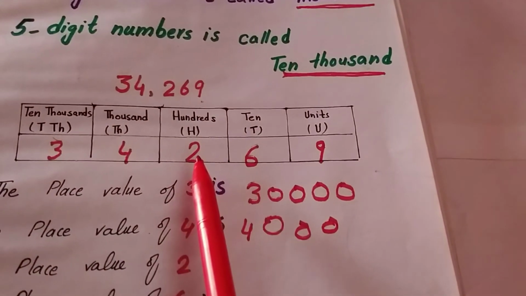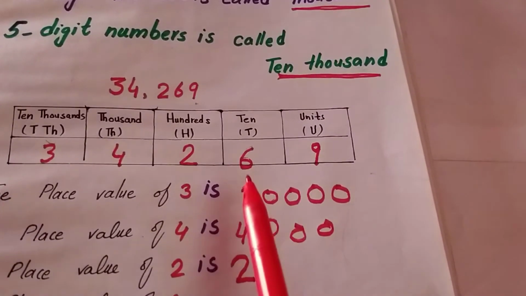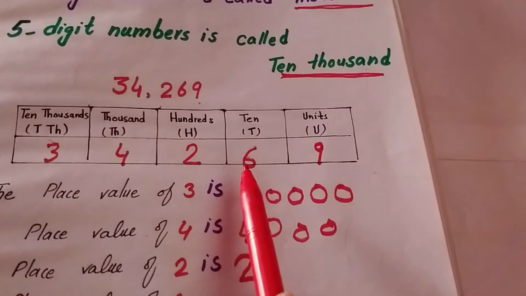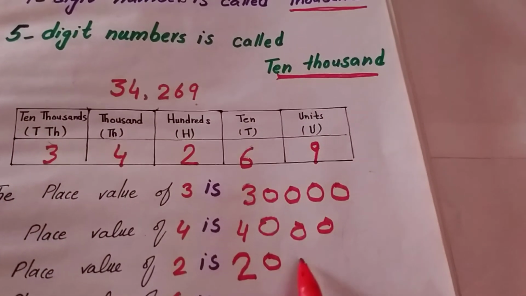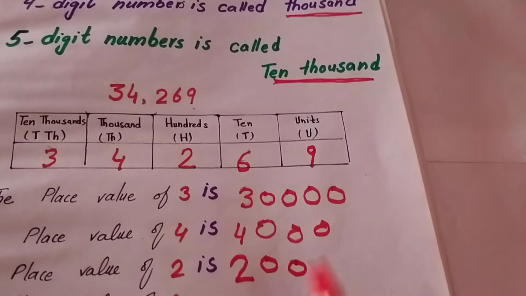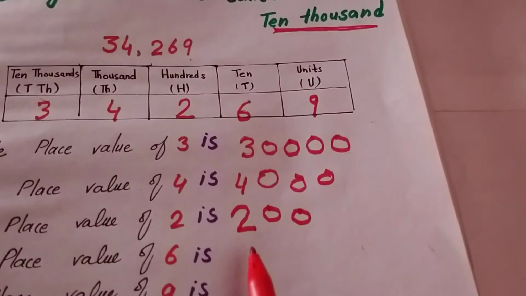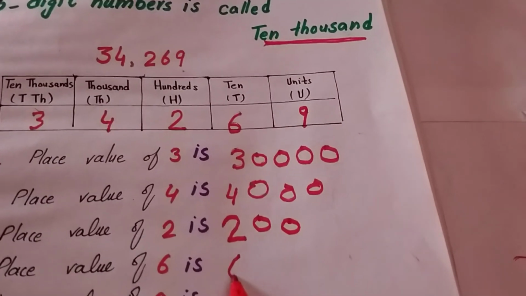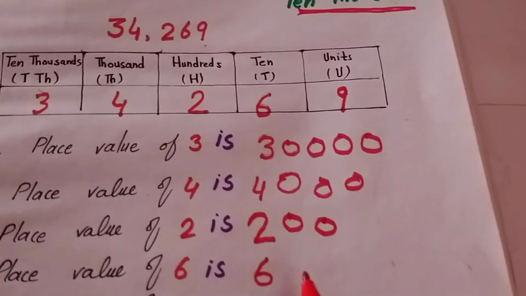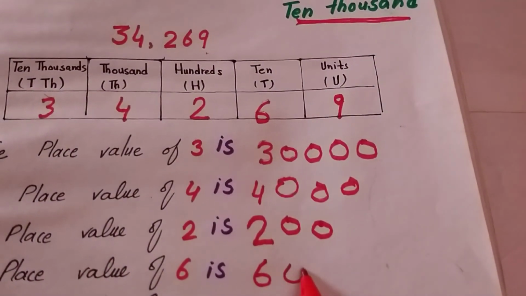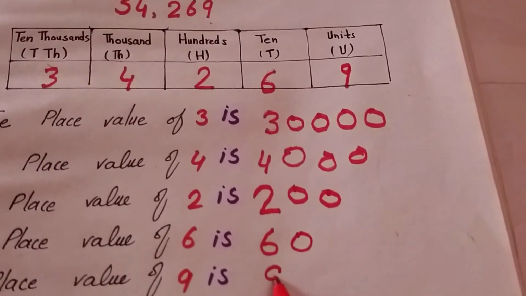The place value of 2 is hundreds. The place value of 6 is tens. The place value of 9 is unit.